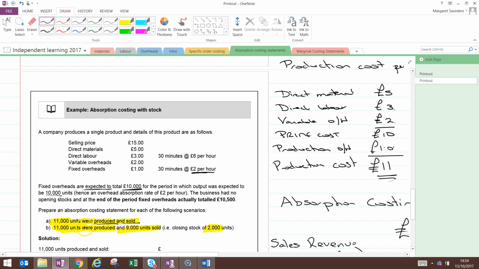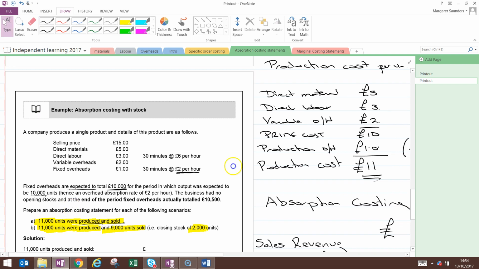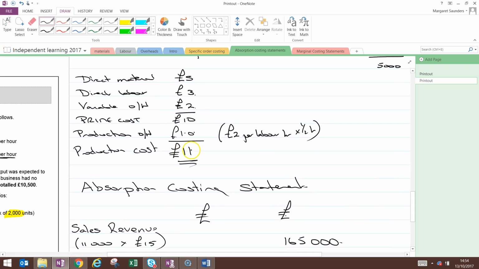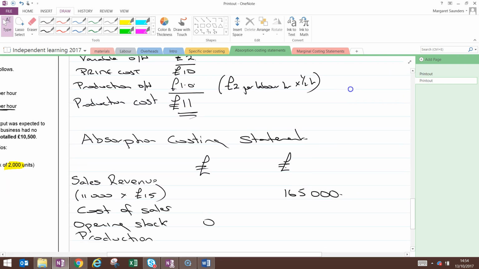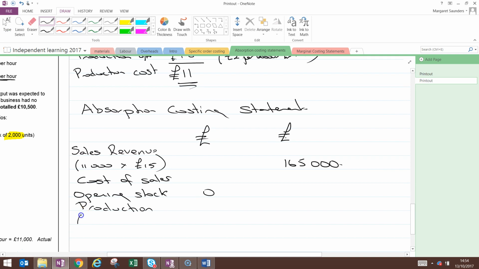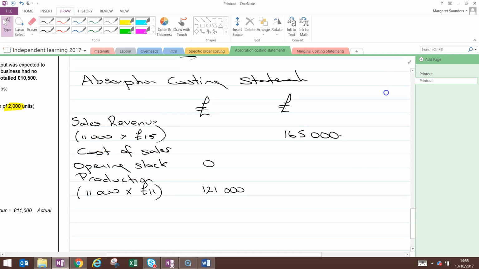So we've produced 11,000 units, and we've already worked out the production cost of £11. So production is 11,000 times 11. Now because we have produced 11,000 and we've sold 11,000, there is no closing stock.